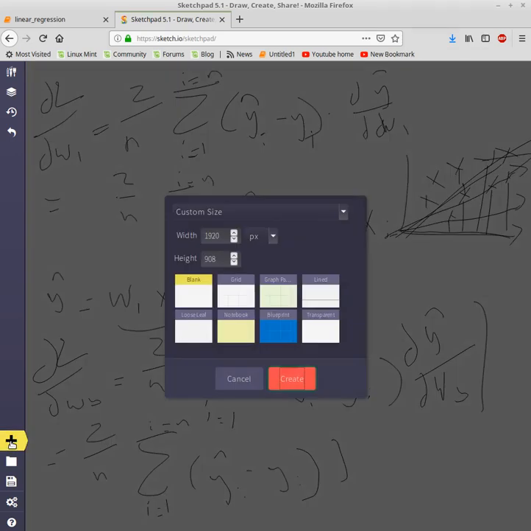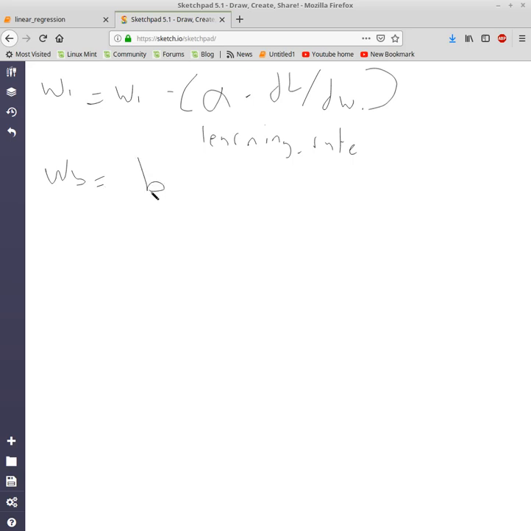So that specific equation is W1 equals W1 minus alpha, the learning rate, times dL/dW1, and then for wb it's wb equals wb minus alpha, which is the learning rate, times dL/dwb.